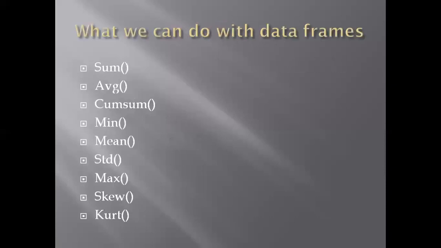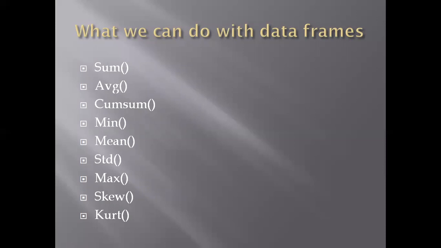So what can we do with data frames? If you want to know the column sum and average, or the cumulative sum of any row or any column, and minimum, maximum, mean, average, standard deviation, and statistical functions like skew and kurtosis, and the correlation matrix.